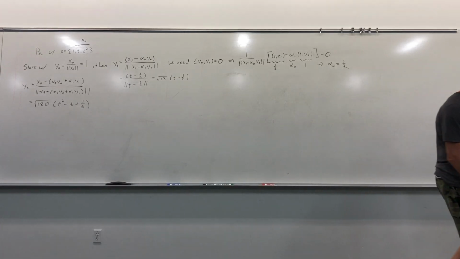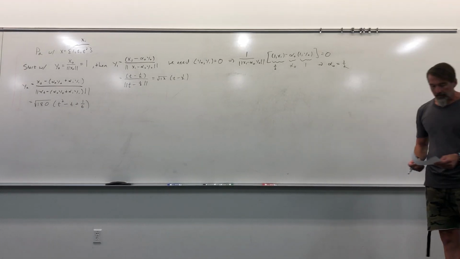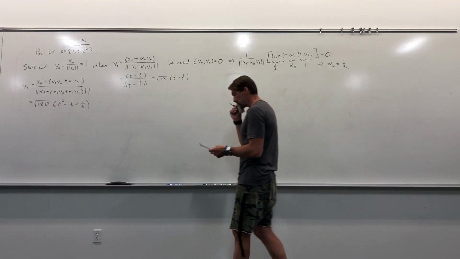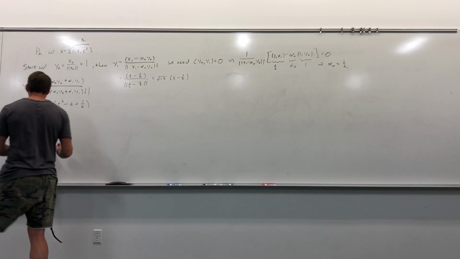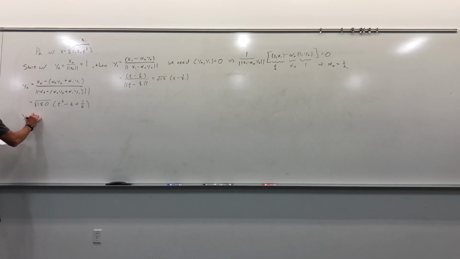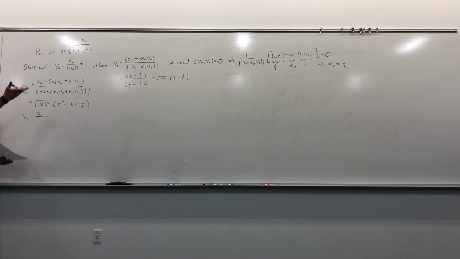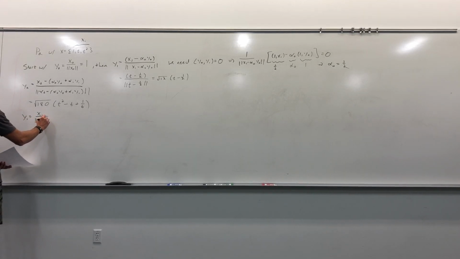I'm not going to go into full-blown detail. There is another variation on the more general expressions, which is to say y1, your first choice, is always going to be just the element of the set that you pick. I don't have to pick x1, I can pick x2, I can pick x3, I can pick any one of them. But anyway, I'm just going to pick x1, divided by its magnitude.